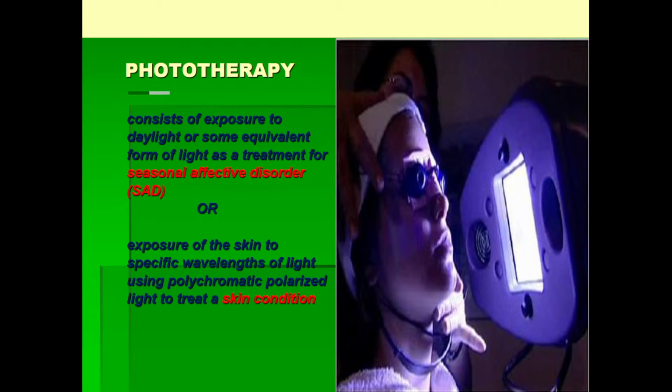Phototherapy consists of exposure to daily light or some equivalent forms of light as treatment for skin disease, infectious disease, inflammatory disease.